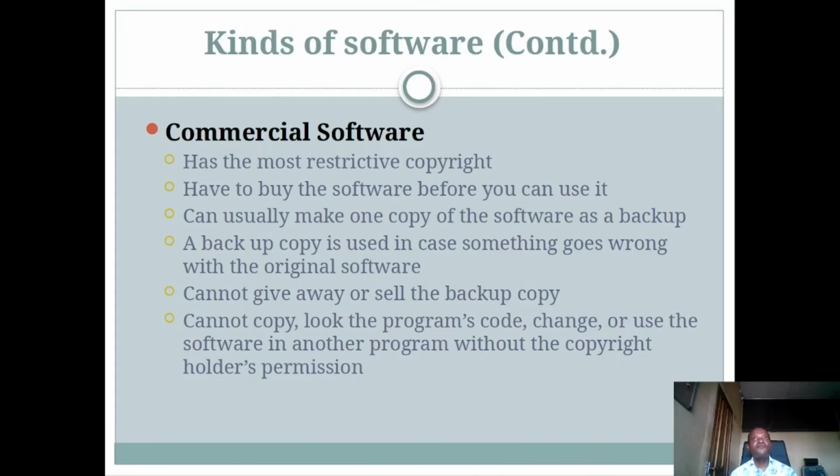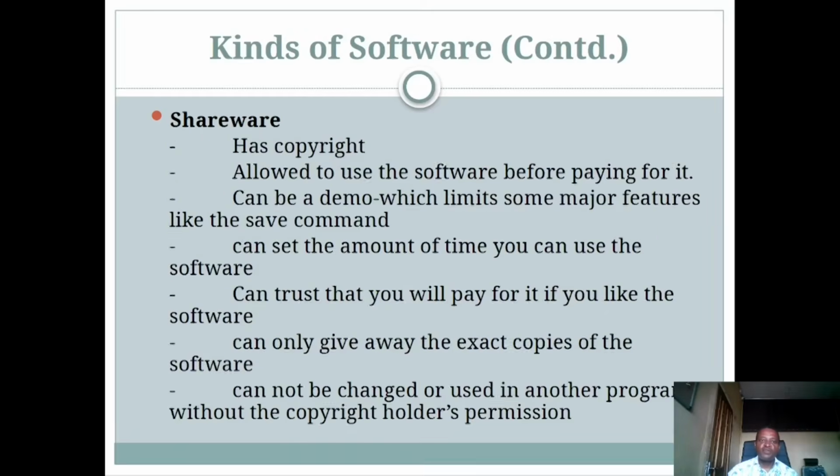They have a large customer base. People use this software, and we are most likely going to get support from a lot of sources. We also talked about kinds of software: public domain software, freeware, shareware, and commercial software.